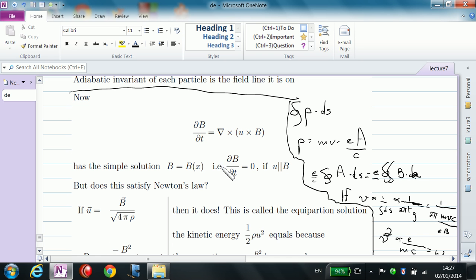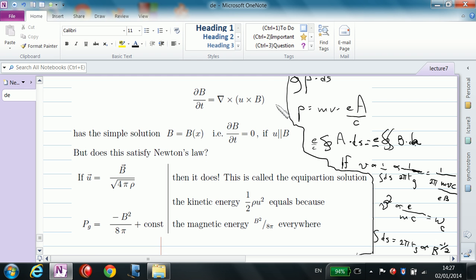Ideal MHD: dB/dt is equal to curl of U cross B. Now, it's very easy to solve this. Just make U parallel to B and dB/dt is 0, because the right-hand side is exactly equal to 0.